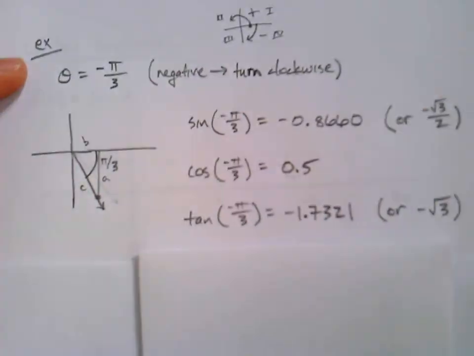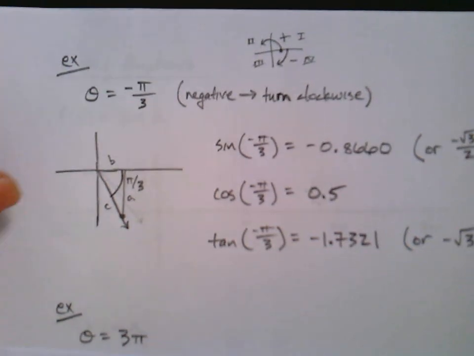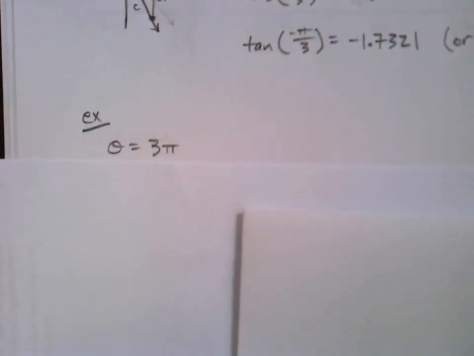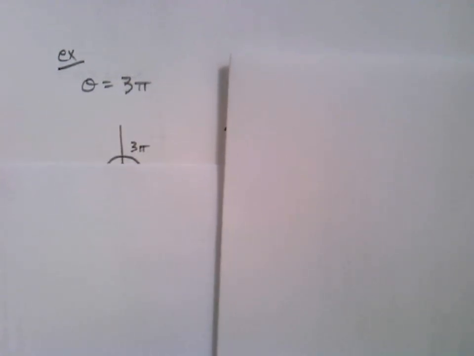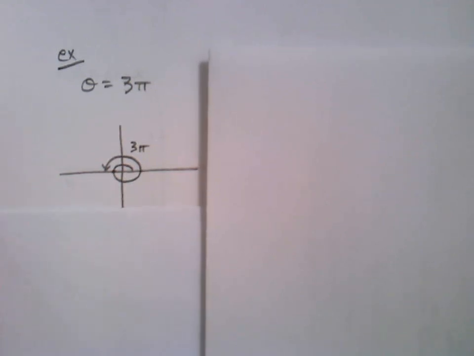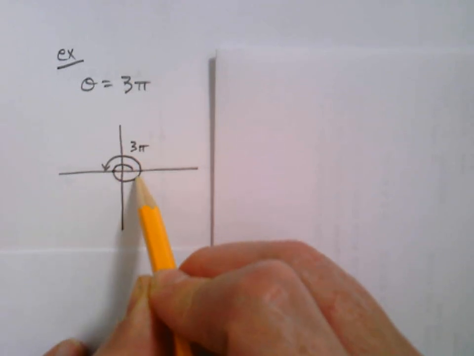Okay, I've got one more for us. How about theta equals 3 pi. Okay, so back to positive, still radians. How would we draw that? Well, 3 pi, if you recall, it takes 2 pi radians to go all the way full circle.